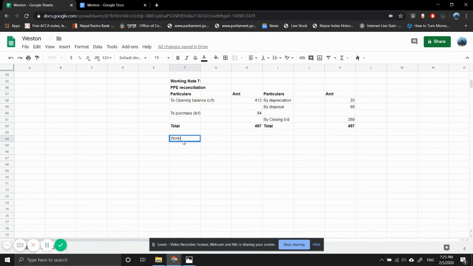Okay, note 8: calculation of proceeds, disposal proceeds.